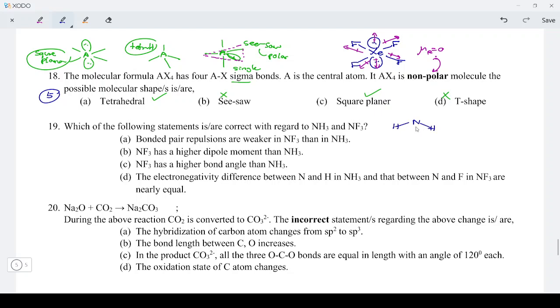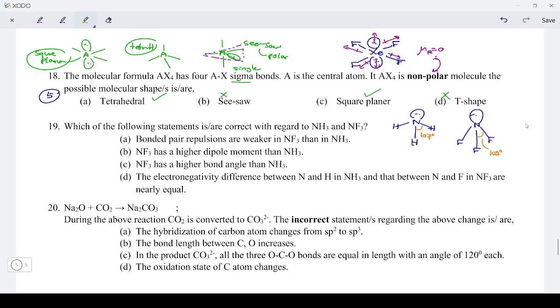NH3 with shorter bonds and large bond angles, NF3 the other way, shorter bond angles, like this. So the NH3 bond angle is 107 degrees, and this one is 102 degrees. Okay, it's nice to know these values.